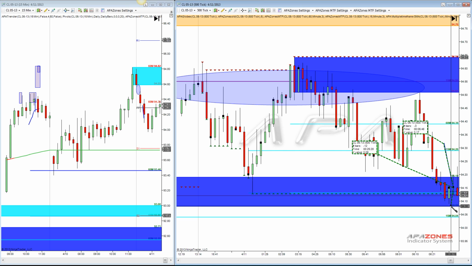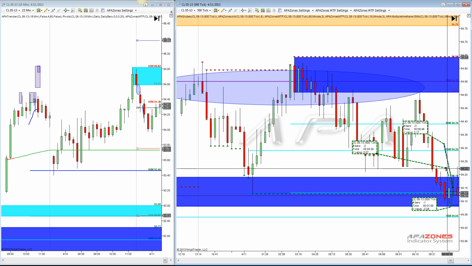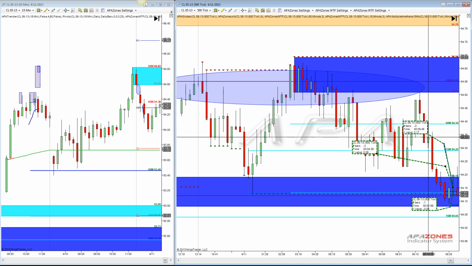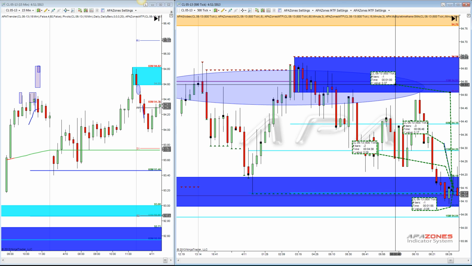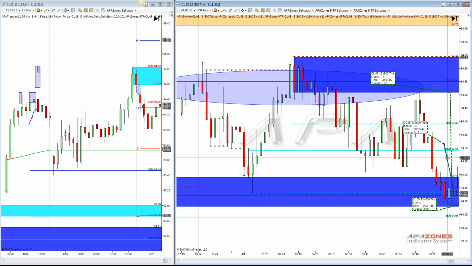And if you were to put your stop down here, you got about 8 ticks there as well. So it's a 1-for-1 trade. I would rather take this one up here for my first target and second target kind of deal. But that's just a for instance type of thing.